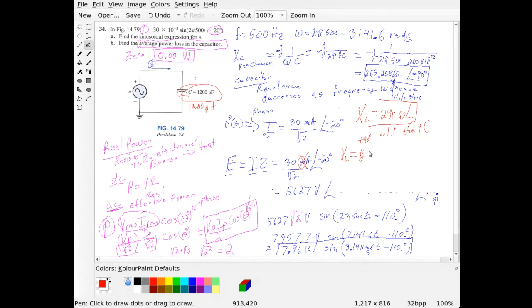Plus J times 2 times pi times 500, because that was what was given up here, and times 1200 times pico, which is 10 to the minus 6.